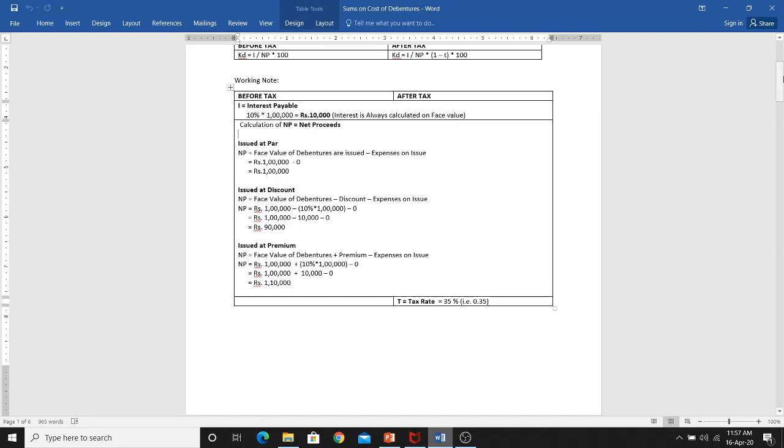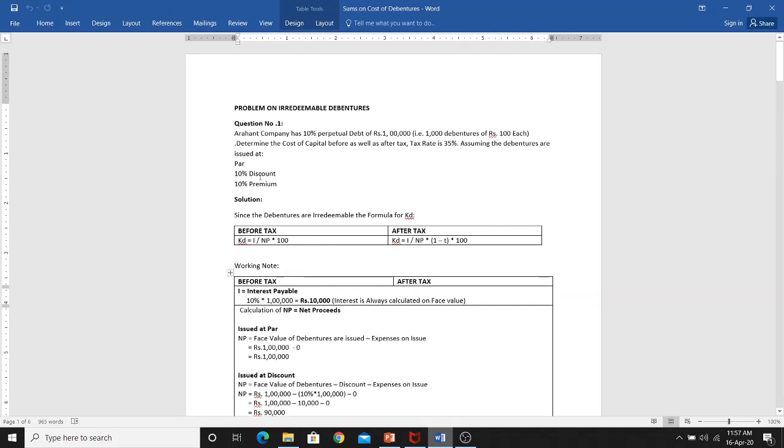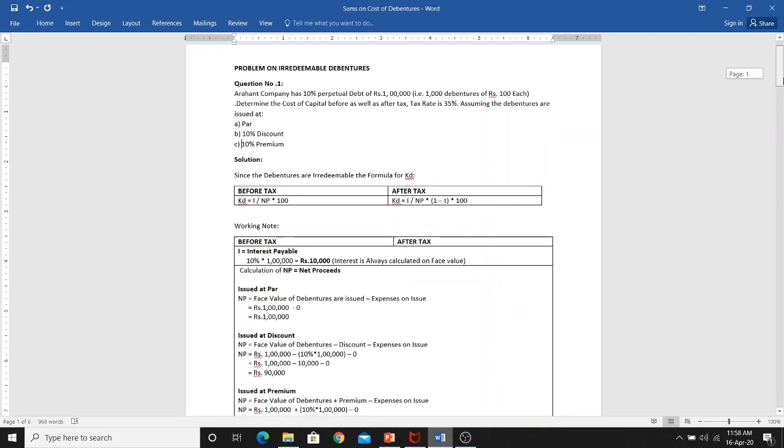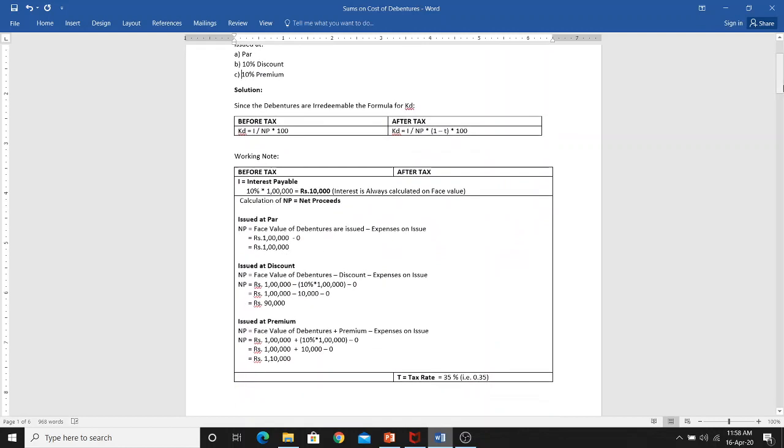Next, in the question the debentures are issued in three situations: A, at par; B, at 10% discount; and C, at 10% premium. They are telling us to calculate in all the cases. Let us see where the debentures are issued at par. What is going to be the NP?